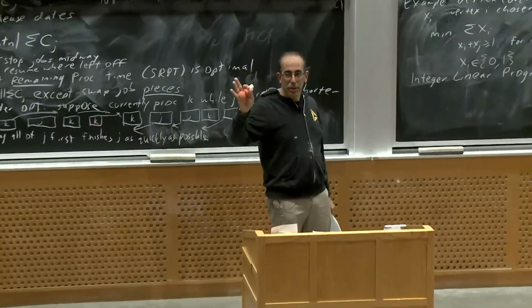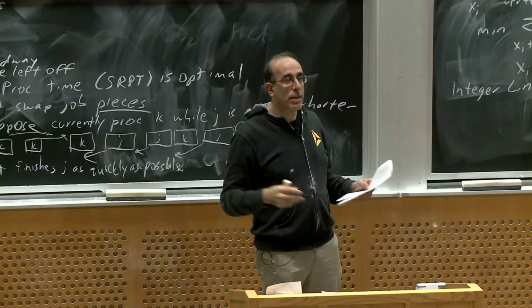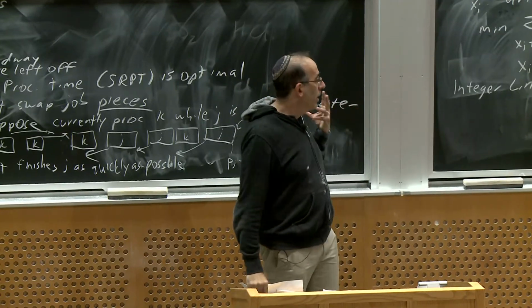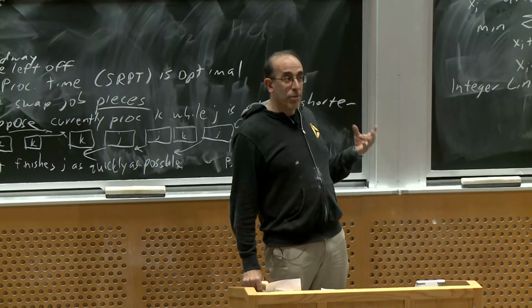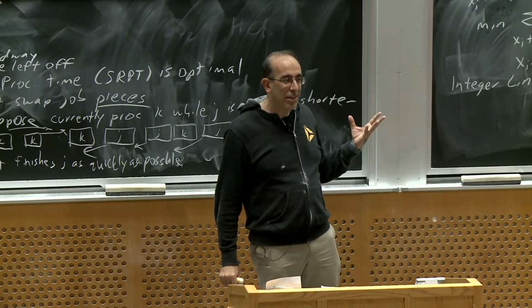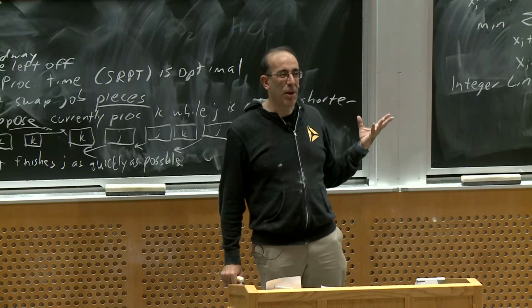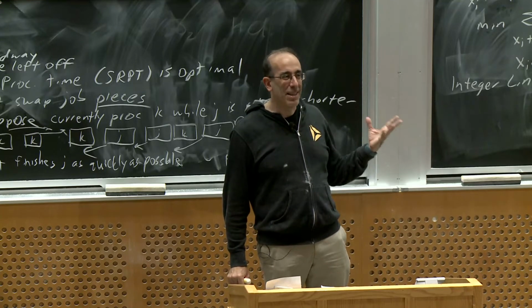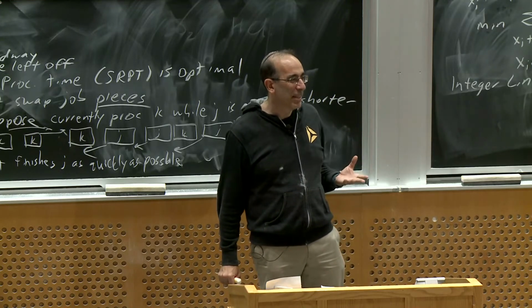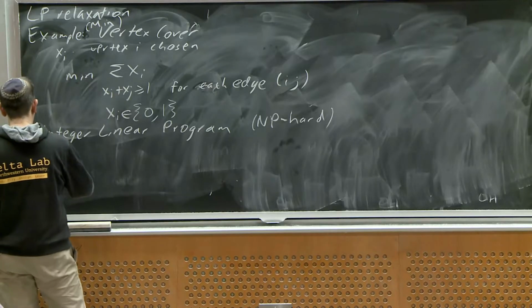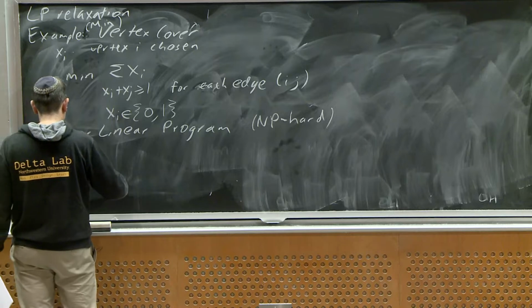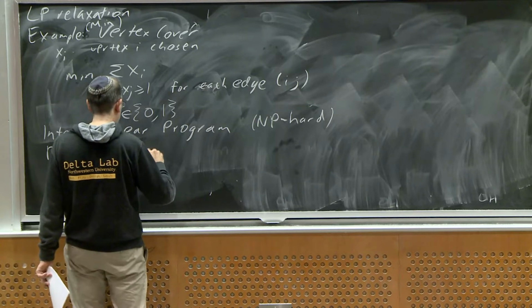But that's exactly the point. The integer linear programming formulation is NP-hard, but there's a rather obvious relaxation of an integer linear program. How do you relax an integer linear program? Just don't require integers.